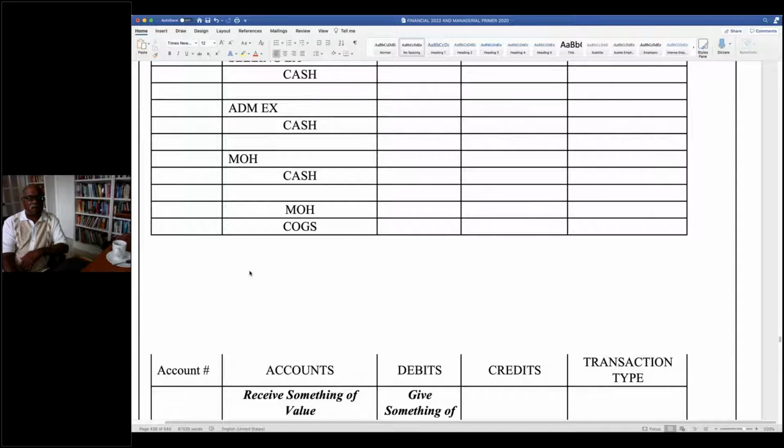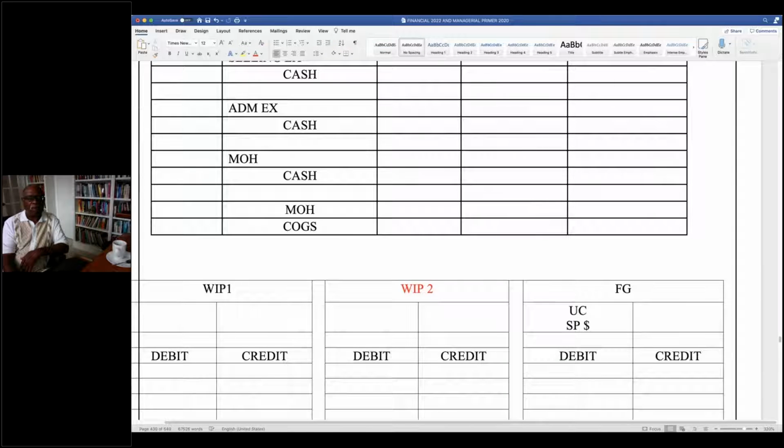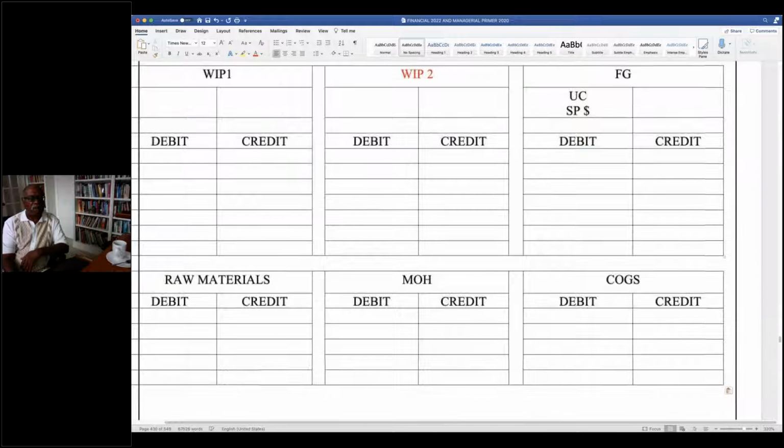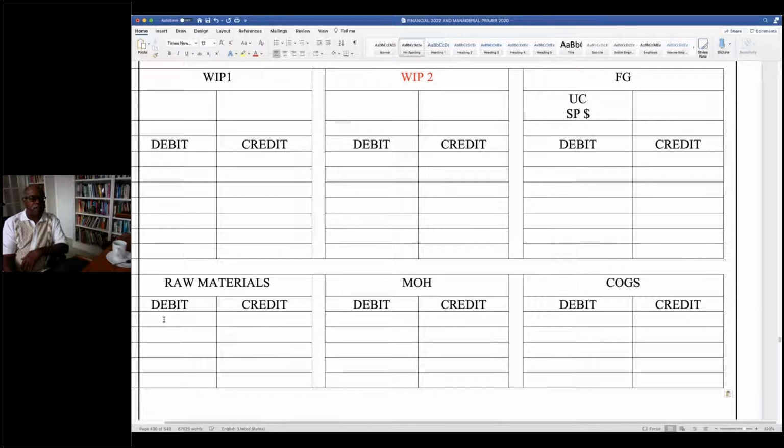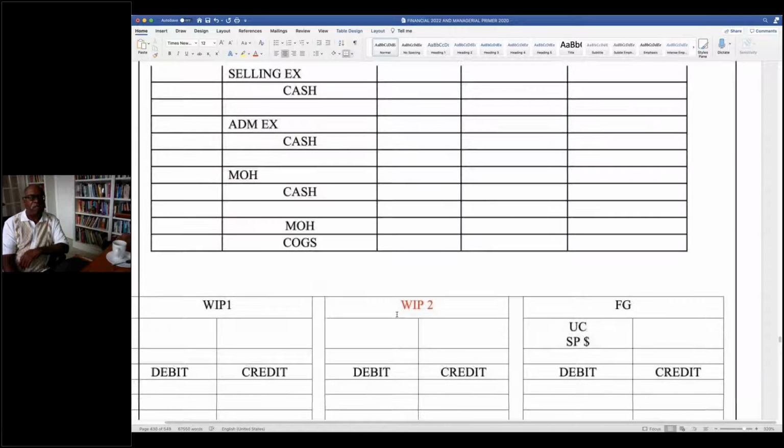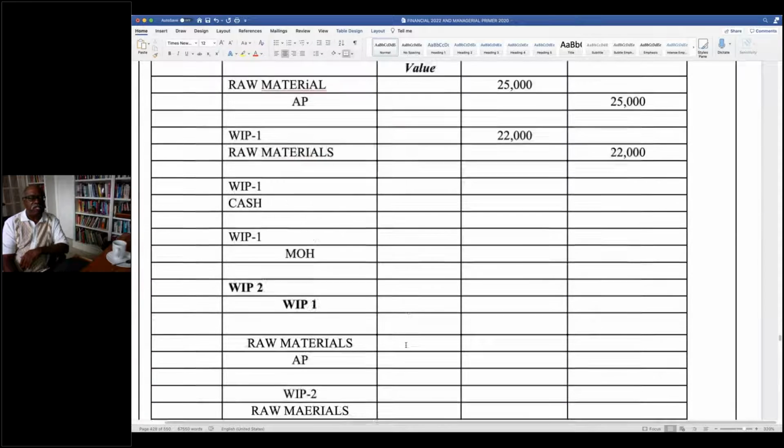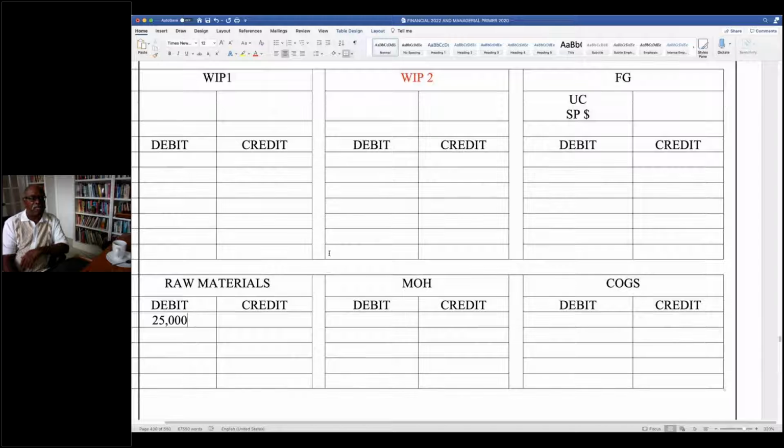So I put 22,000 in raw material under WIP 1 on the debit side. Let's put the raw material debit in first. How much did we buy? Was it 25,000? Then how much did we transfer in? Yes, it was 22,000. Okay, and I'll just put RM on it so we know it's raw materials.